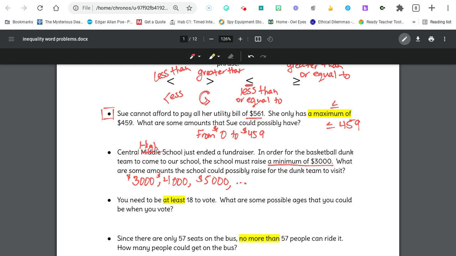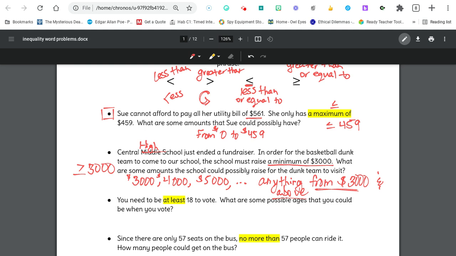So that means anything from $3,000 and above. You can't go any lower than 3,000. So a minimum of 3,000 would be $3,000 or above, greater than or equal to 3,000.